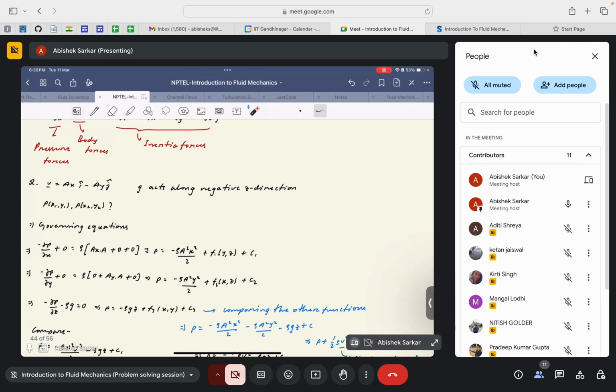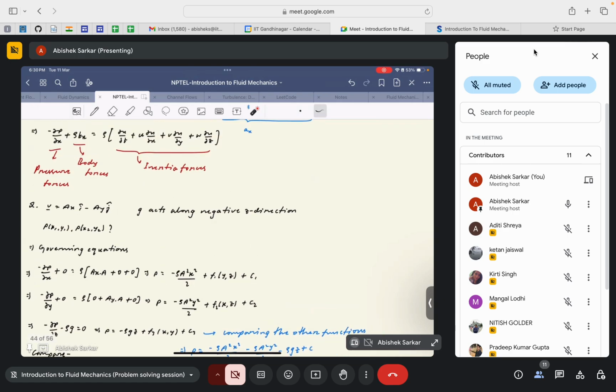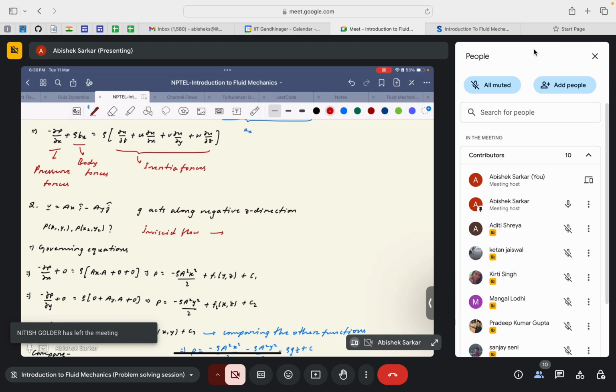Okay, so as I mentioned, the governing equation is the Euler's equation of motion, because let me just explicitly mention it here as well. The flow is inviscid flow. So we take the help of the Euler's equation.